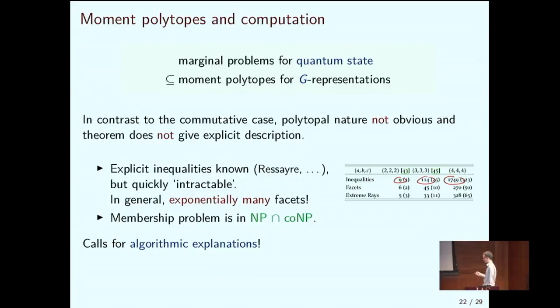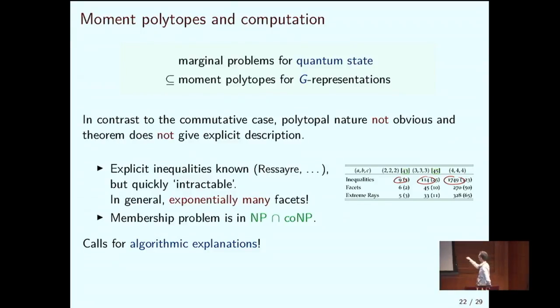Nevertheless, there are explicit inequalities that people have derived, and I want to stress Nicolas Ressayre's results, because he gave a precise and sharp characterization of these polytopes. Sadly, this quickly becomes intractable. Intractable, in quotes, means I don't know how to calculate them for larger values of d and n.